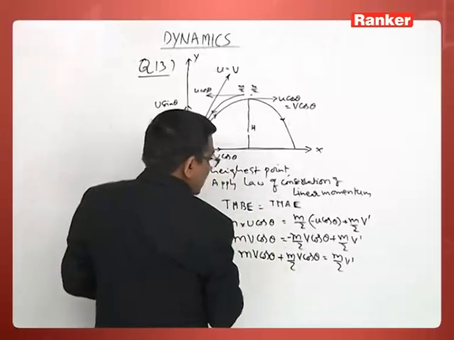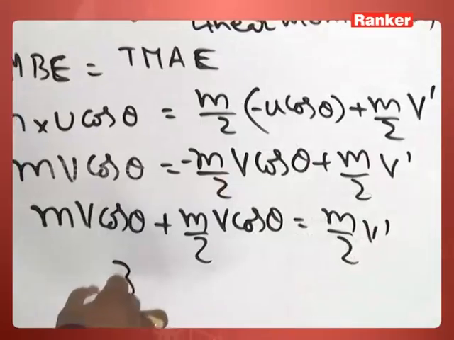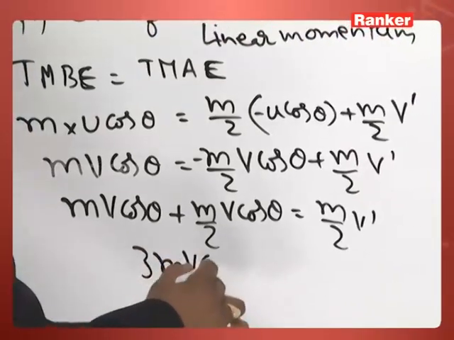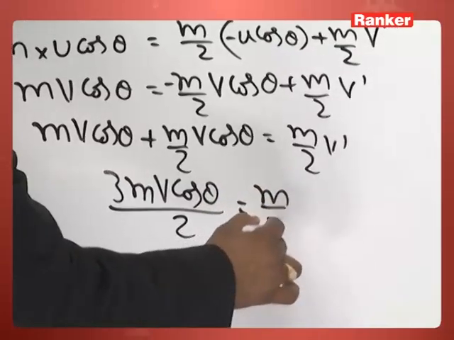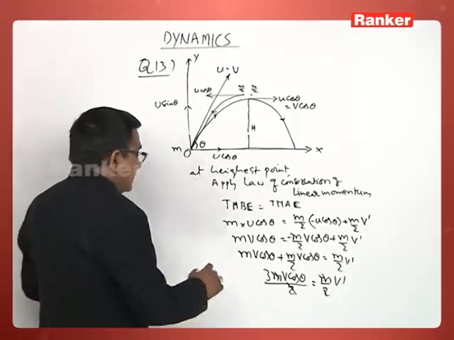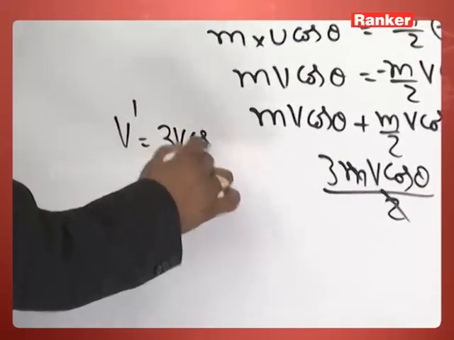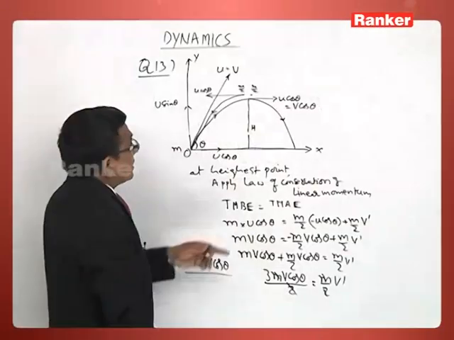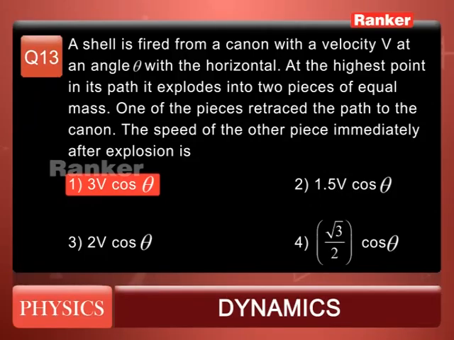Simplifying, 3mv cos theta by 2 equals m by 2 v prime. The m by 2 cancels, so v prime is 3v cos theta. Therefore, the velocity of the second piece will be 3v cos theta. The first option is the correct answer.